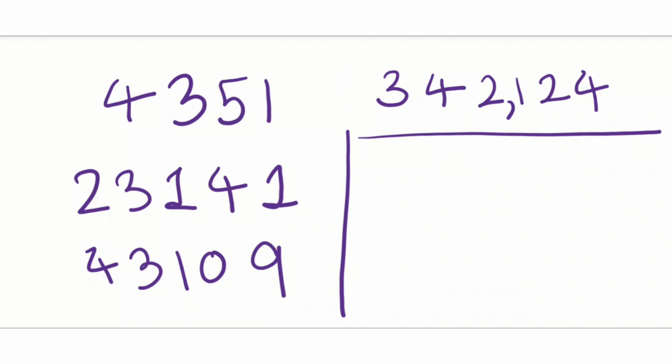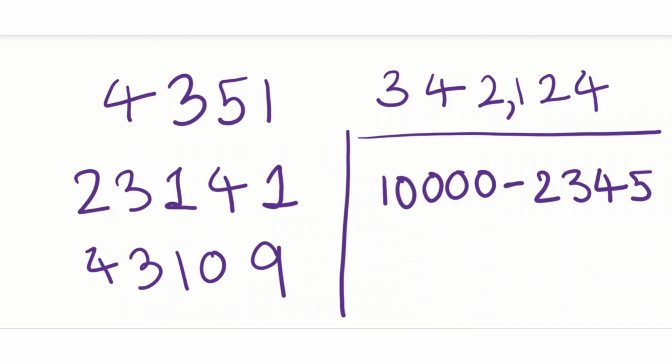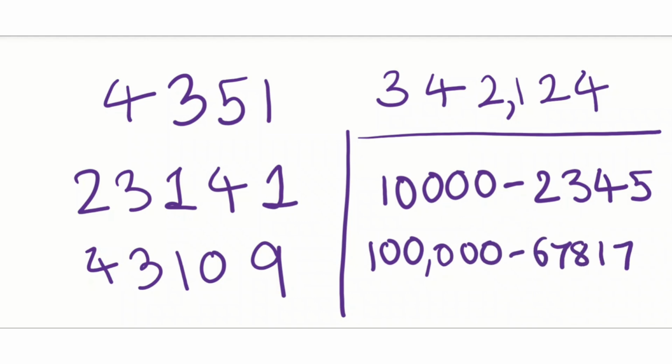Now let me give you a few subtraction questions. So how about you take 10,000 minus 2345 and 100,000 minus 67817.